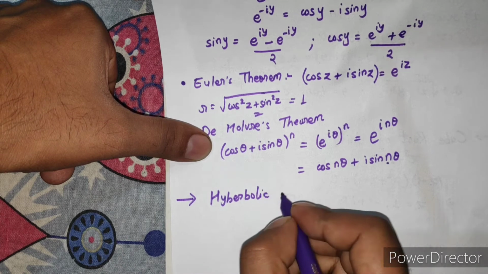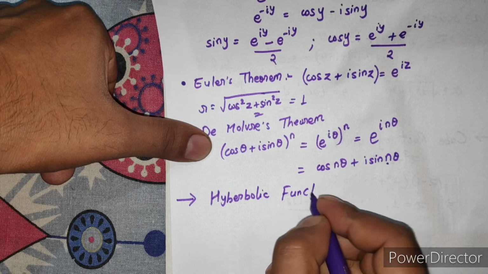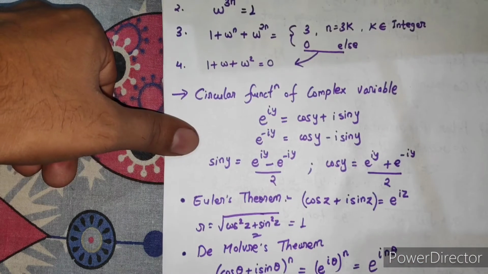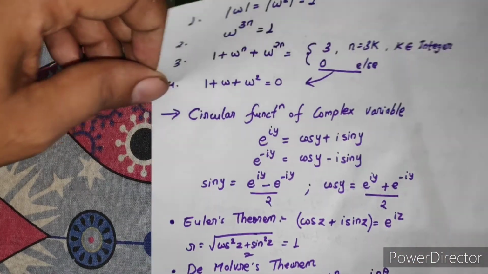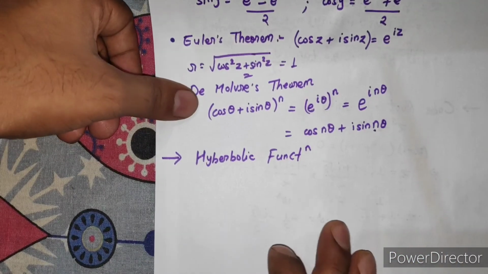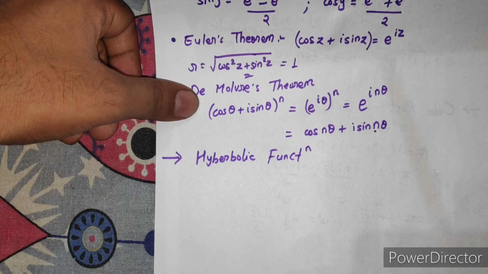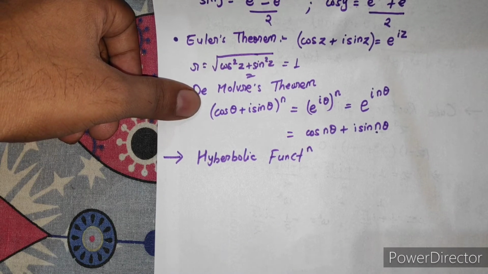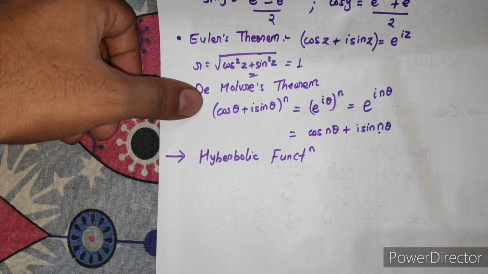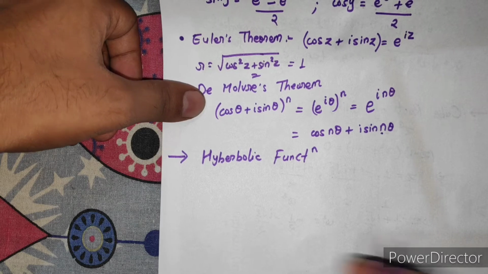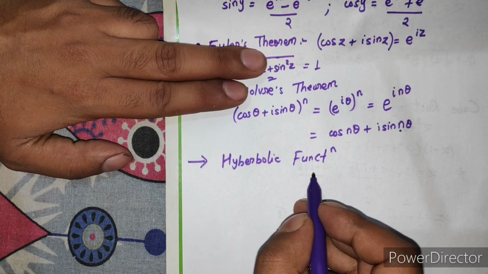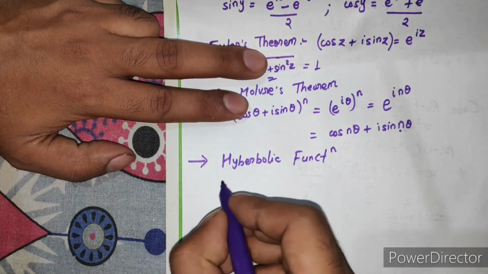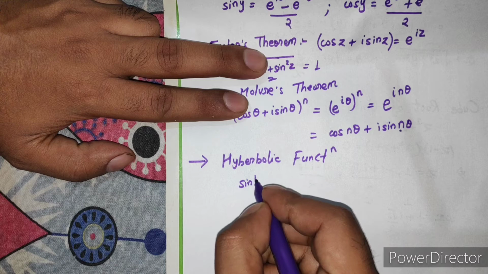Hyperbolic function. We have seen circular functions, whose expressions you can use in any question to solve. Now what is a hyperbolic function? It's the same as a circular function, the same objective, only the variables and the meanings are changed. In this hyperbolic function we get something different like sinh x.